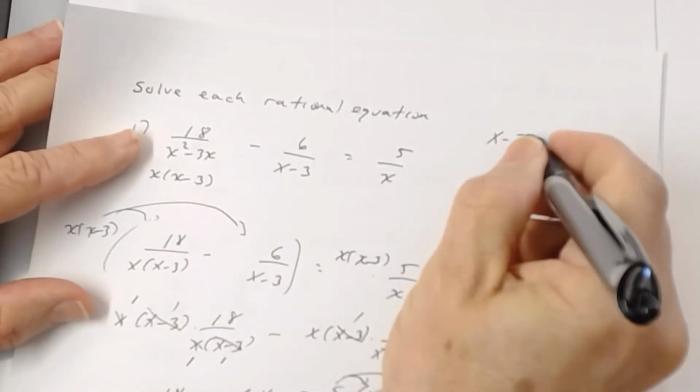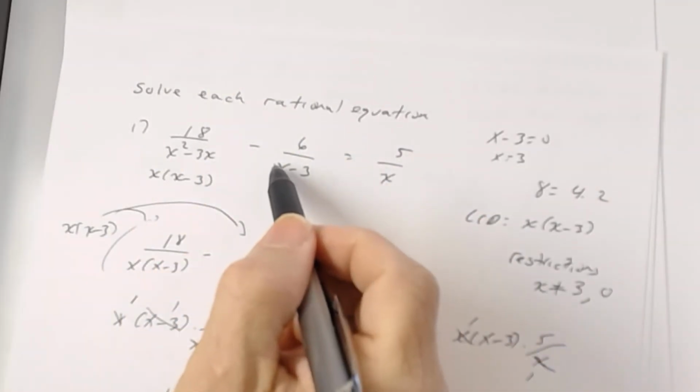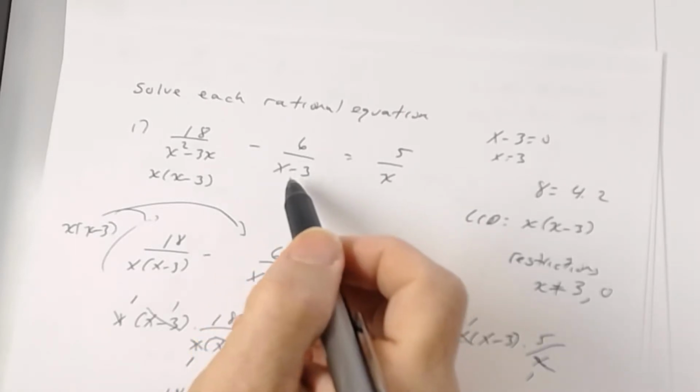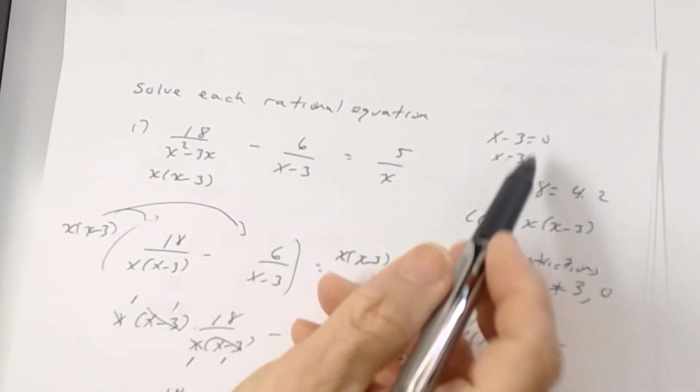So you say x minus 3 equals 0, so x is 3. That's a good question, because it's not always going to be a nice binomial with x having a coefficient of 1. It could have been 7x minus 3. So you're just taking this denominator, setting it equal to 0 and solving for x.